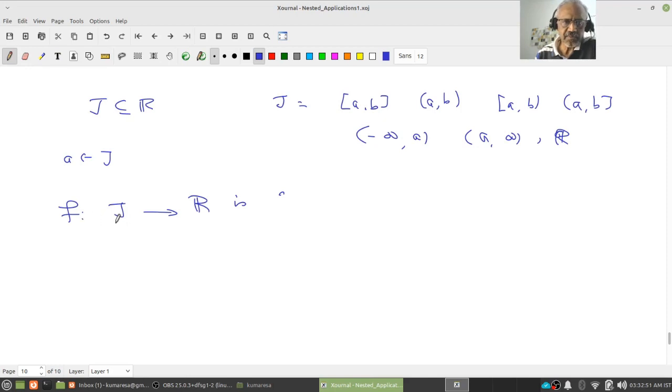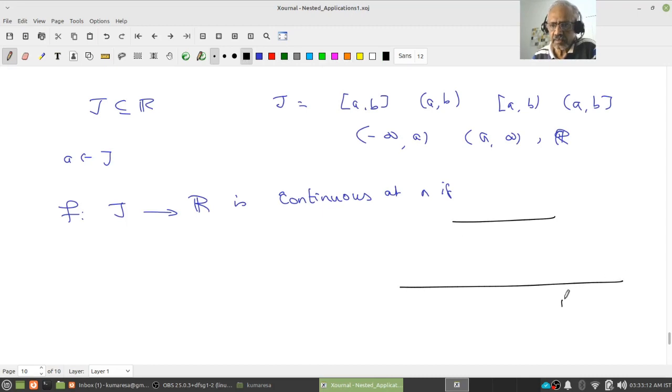I want to say F from J to R is continuous at A if, let us look at a picture. This is my J and this is my codomain R, and F is from here to here.